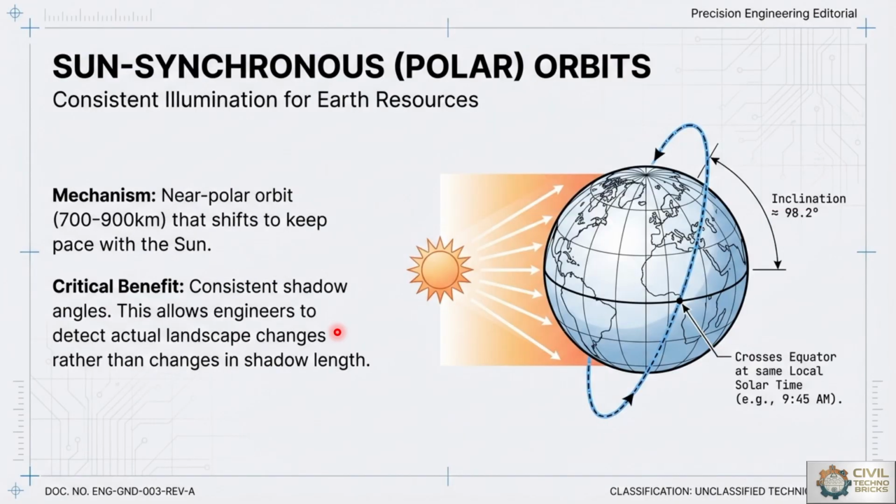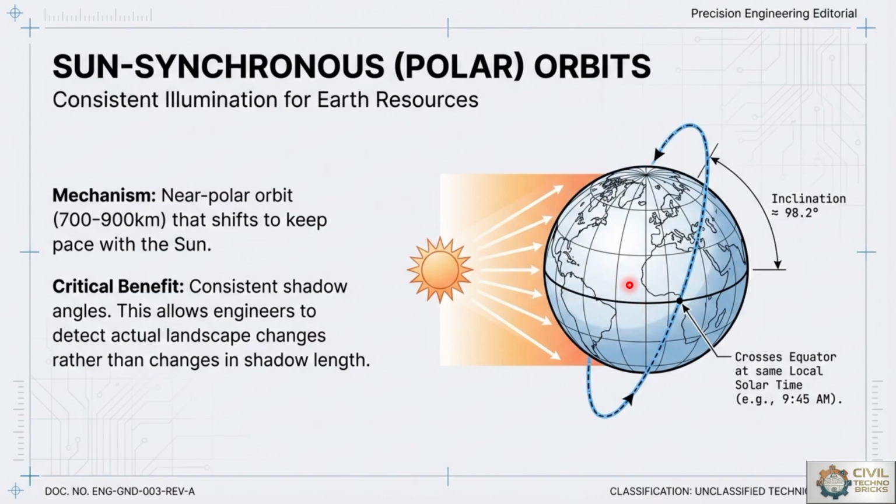Next is the Sun-Synchronous orbit, or polar orbit, which gives consistent illumination for earth resources. The mechanism of the Sun-Synchronous polar orbit relates to an altitude of 700 to 900 kilometers that shifts to keep pace with the sun's rays. Sun-synchronous satellites are a special type of polar orbit satellite that cross the equator at the same local solar time.